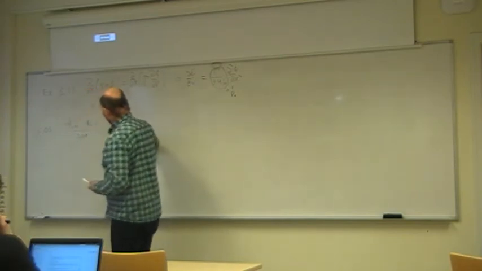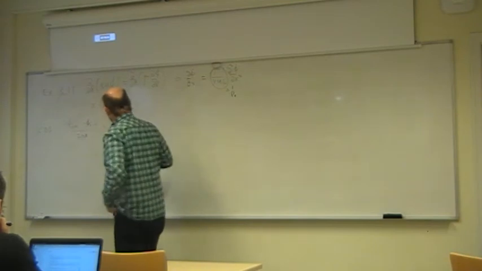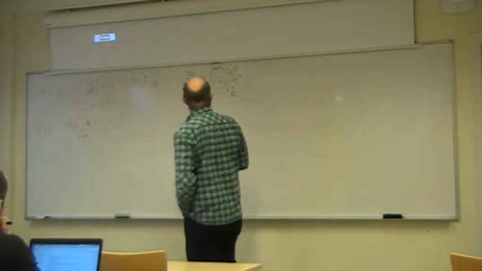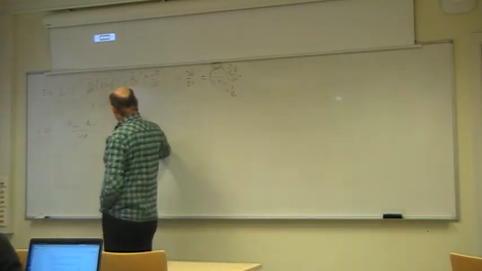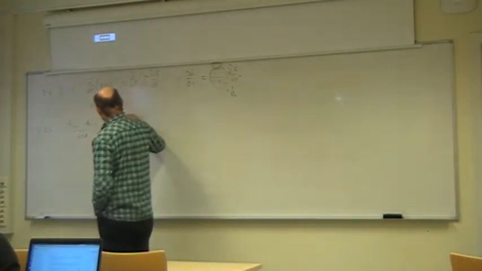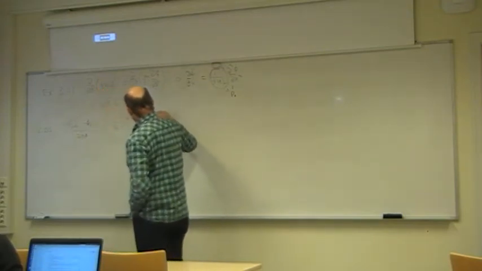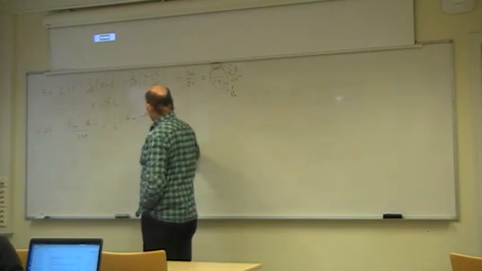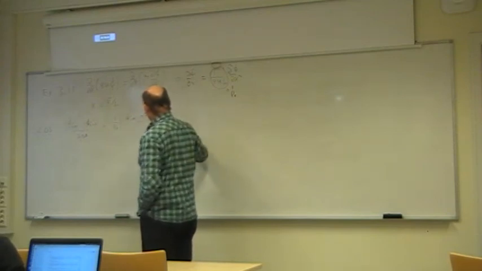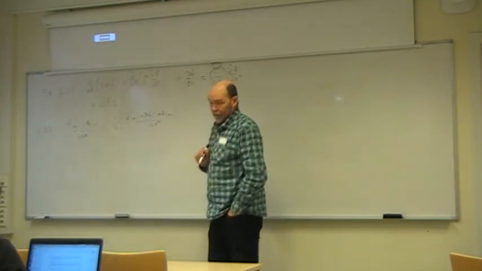I'm not capable of writing Peclet number, I always write Reynolds number. And then the double derivative should now read something like this: phi i plus 1, minus 2 times center point, plus phi i minus 1 over delta x squared. That's it.